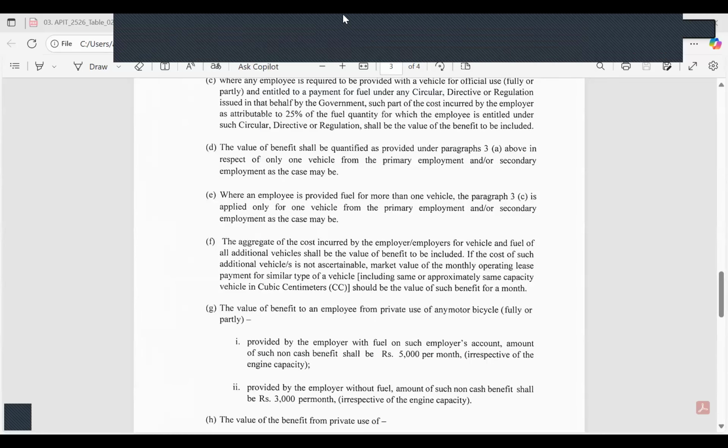Okay. Now we can move to the table. So as I explained earlier, tax tables are used for the calculation of APIT deduction.